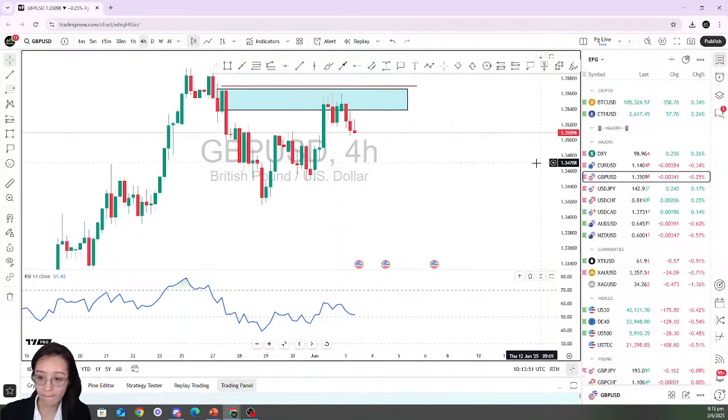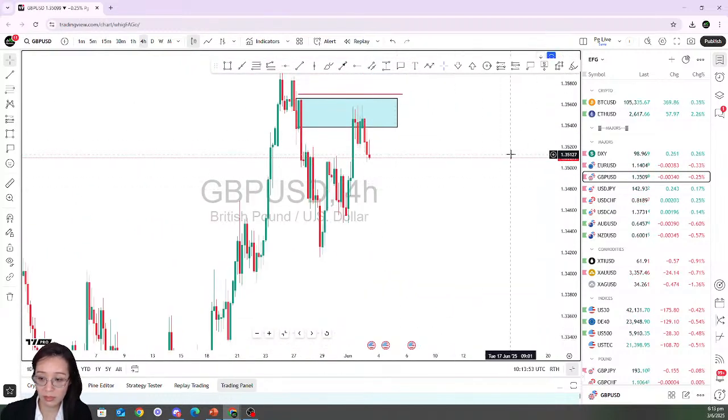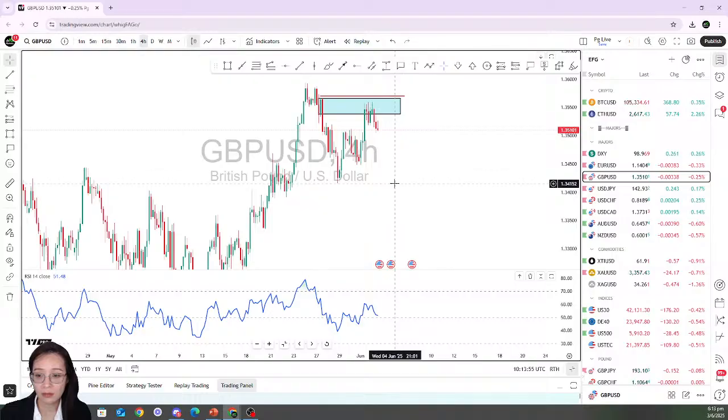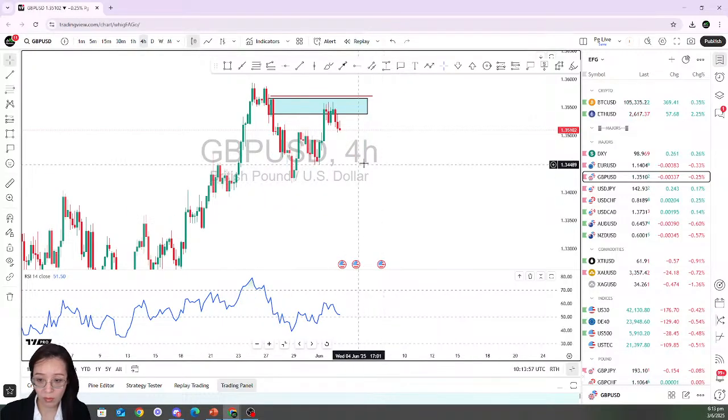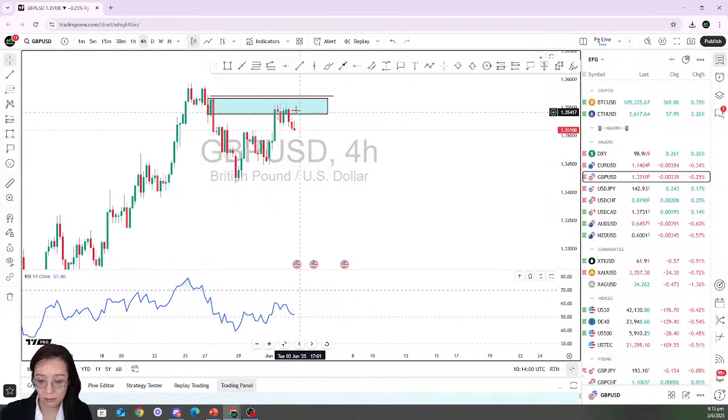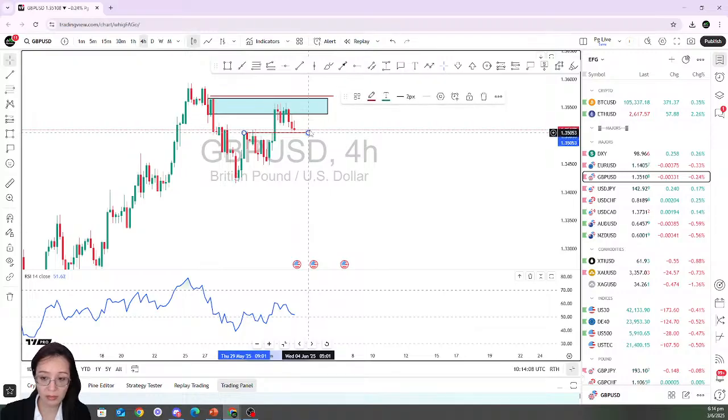Now, what you're going to do with GBP, the next key level that I'm looking for. Some of you might identify this as your support. This is not the demand, meaning that I'm not going to buy at this level. Excuse me.